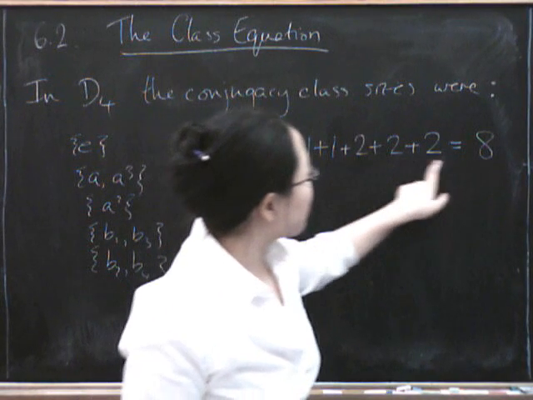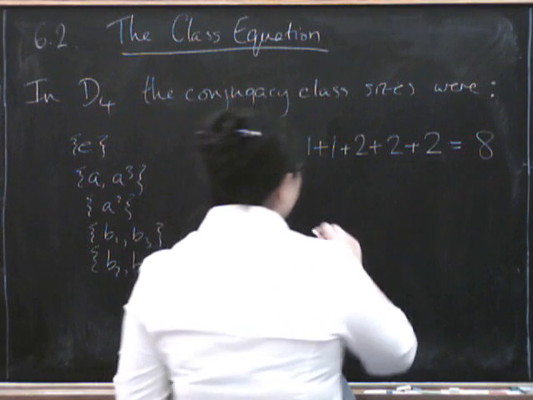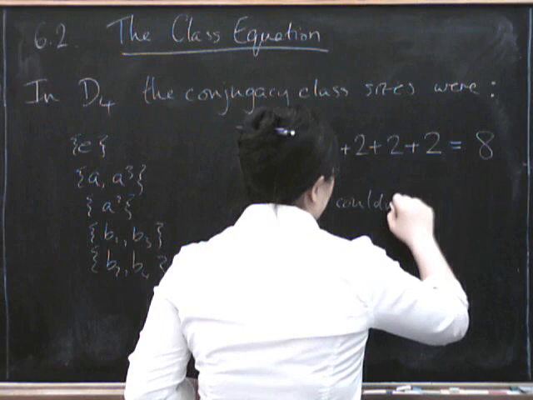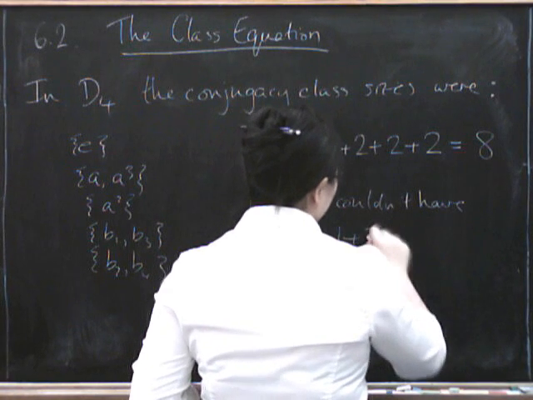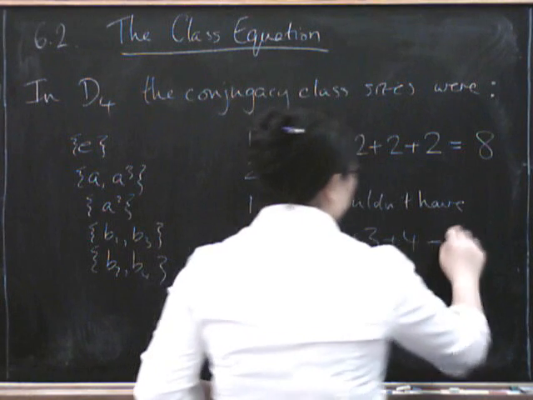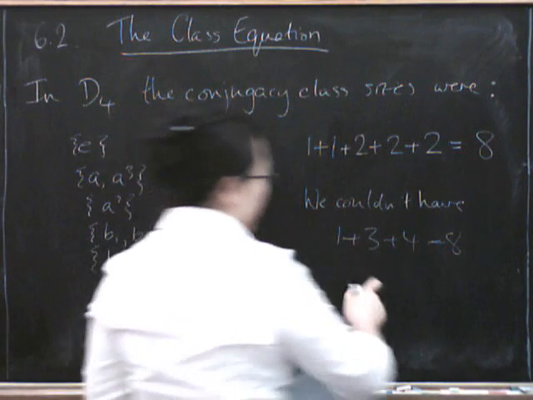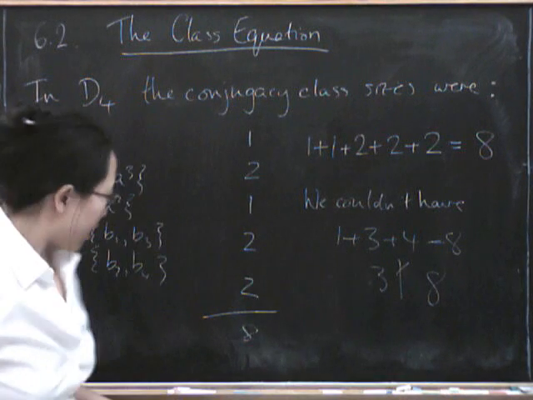So all of these numbers had to be factors of 8. So we couldn't have, you know, 1 plus 3 plus 4 equals 8. That is not a valid class equation because 3 doesn't divide 8. So I'll make all this precise in a minute.